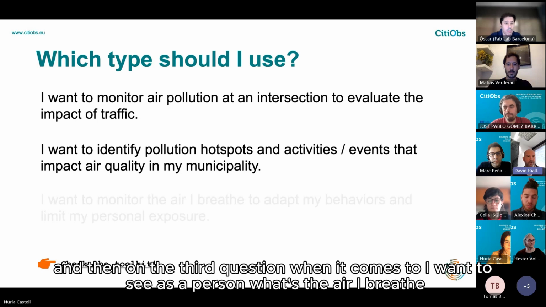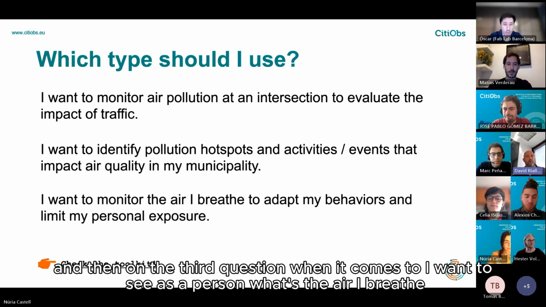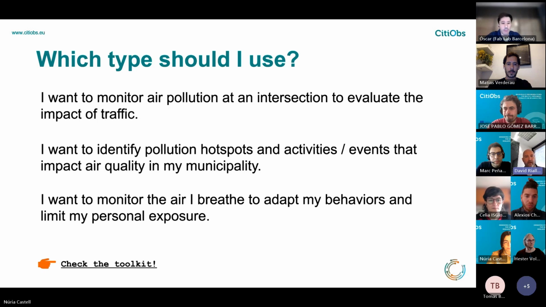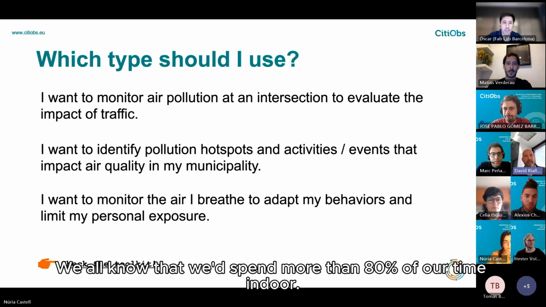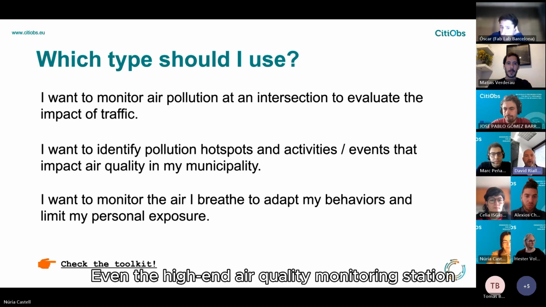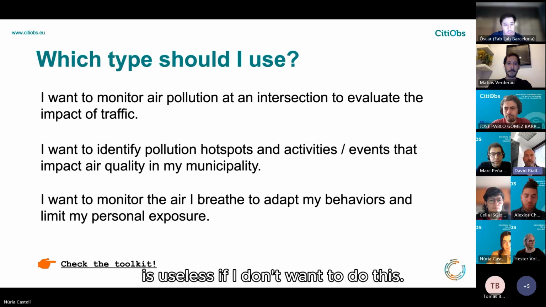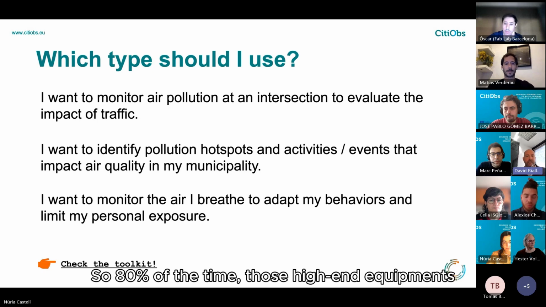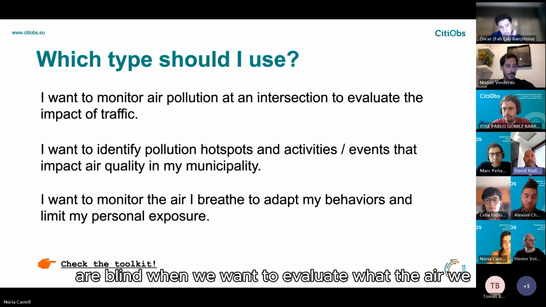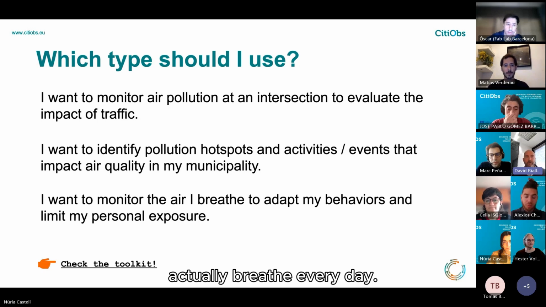And then on the third question, when I want to see, as a person, what air I breathe: we all know that we spend more than 80% of our time indoors. Even a high-end air quality monitoring station is useless if I want to do this. So 80% of the time, those high-end equipments are blind when we want to evaluate the air we actually breathe every day.